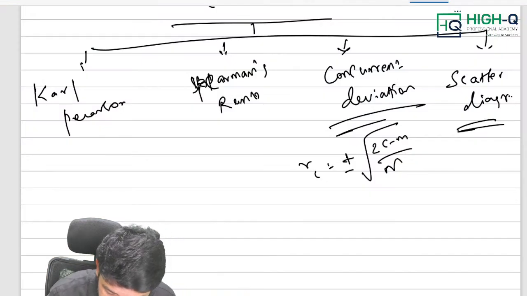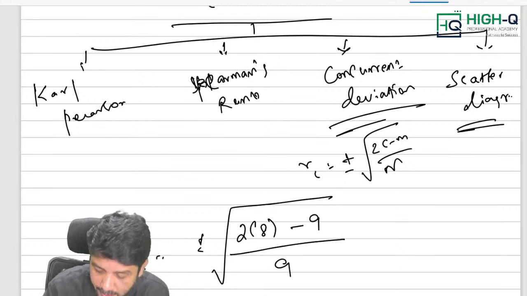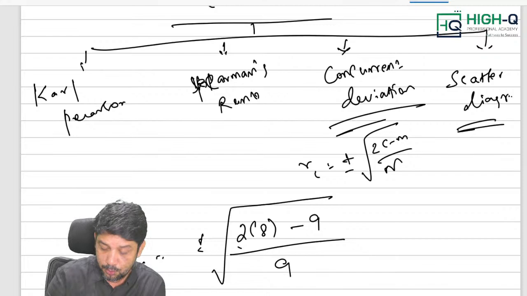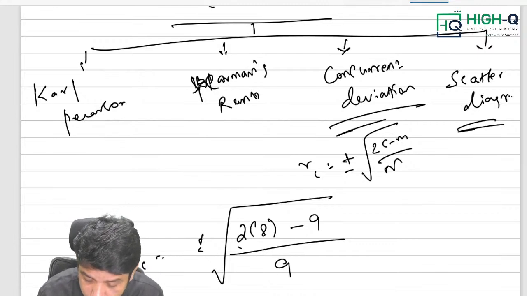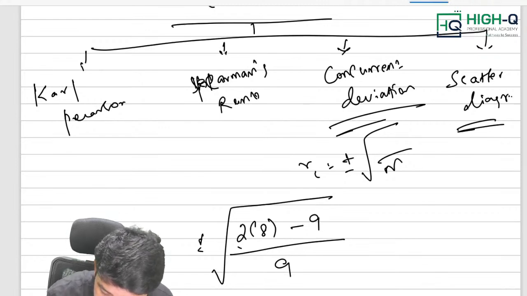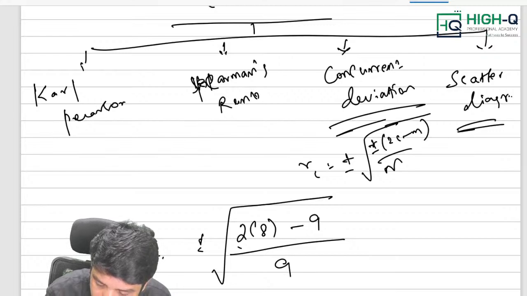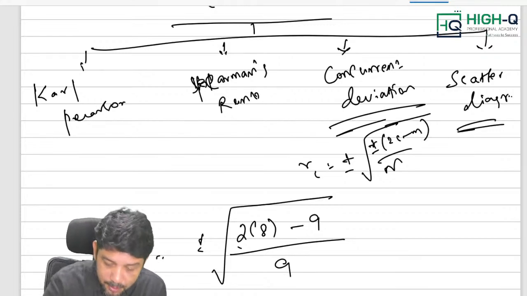Plus or minus root of plus or minus 2C minus m divided by m. Again, plus or minus, I forgot.